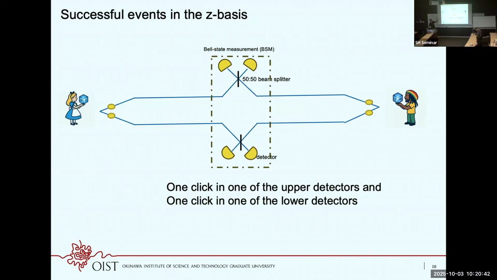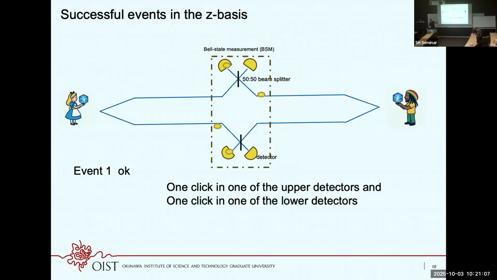So the successful event in the Z basis, because we have actually all bases, even the X basis and the Z basis, is given when Alice and Bob send their states, and you get a click on the upper detectors and one click in the lower detectors. Okay, so that's the successful event.